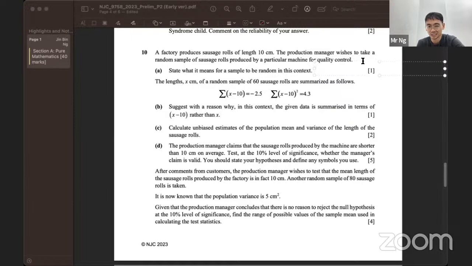Or rather, not say sample, every sausage.